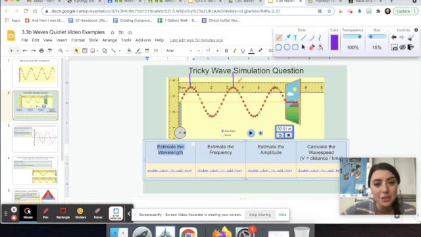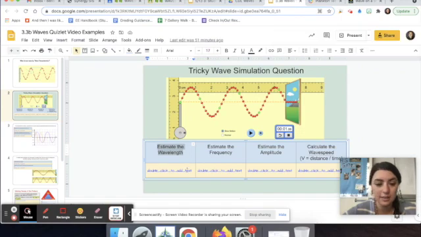Each one of those dashes is 0.2 of a centimeter, so we can count by them. 0.2, 0.4, 0.6, 0.8, 1, 1.2, 1.4, 1.6, 1.8, 2, 2.2, 2.4, 2.6, 2.8. So my wavelength here, the distance from one crest to another, is going to be 2.8 centimeters.